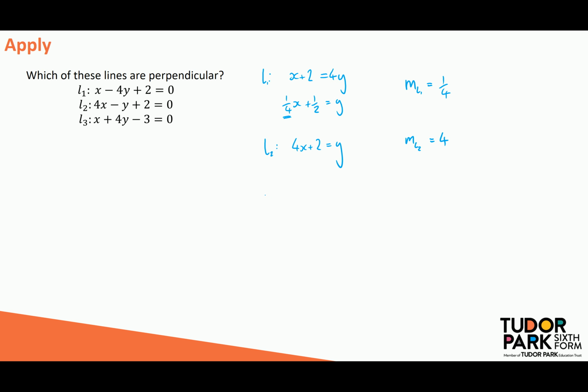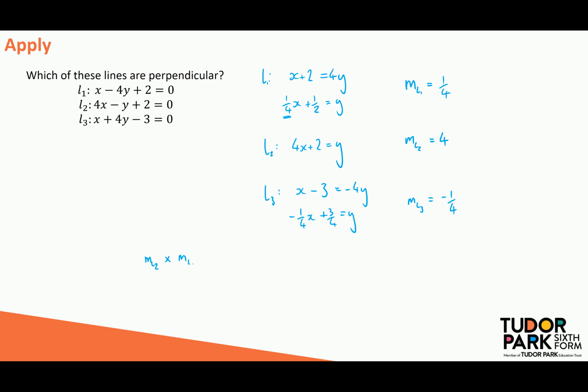Subscripts here, this is exciting. For my third line, I've got x minus 3 is equal to minus 4y, and if I divide through by negative 4, I've got minus a quarter x plus 3/4 is equal to y. So my gradient here, m for L3, would be minus 1/4. Now there are only two of these lines that are actually perpendicular, and that's going to be L2 and L3, because when I multiply the gradients together for line 3 and line 2, what do I get?